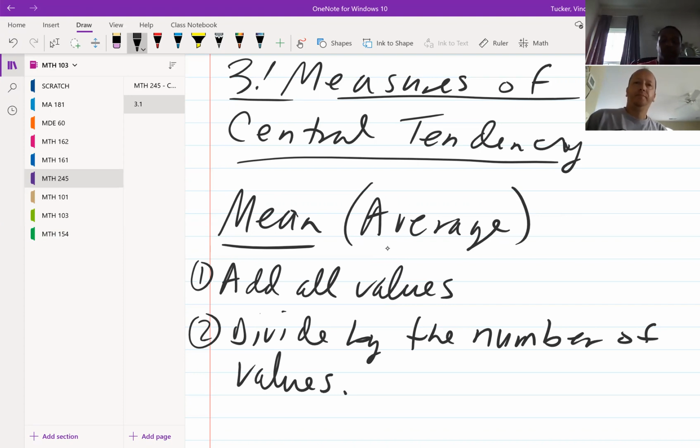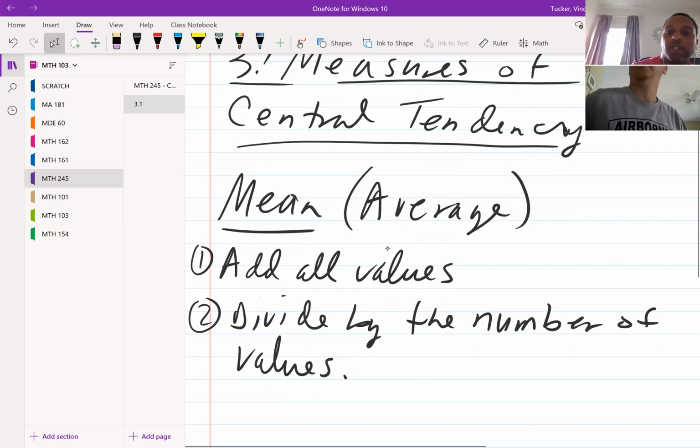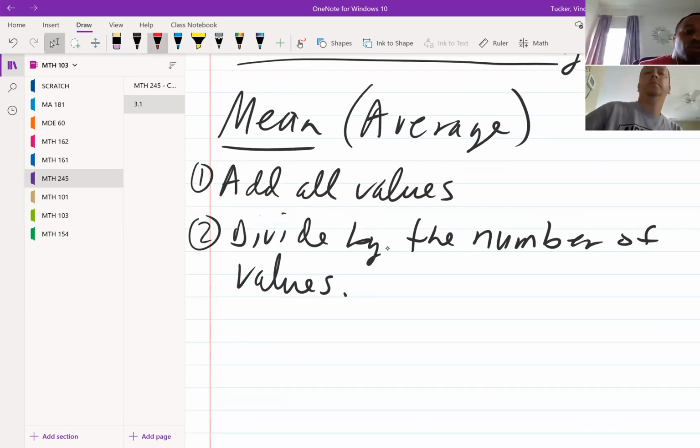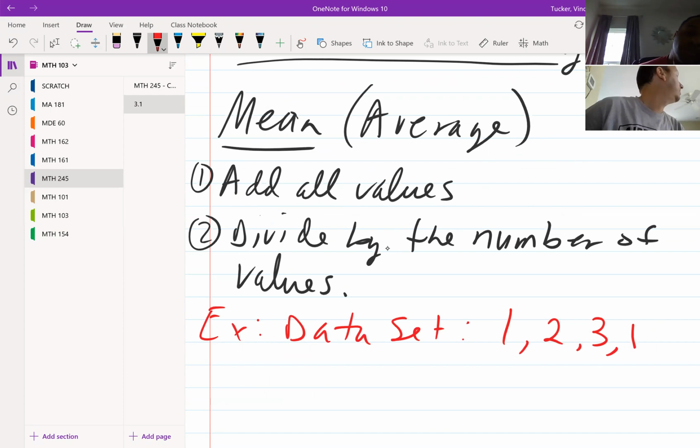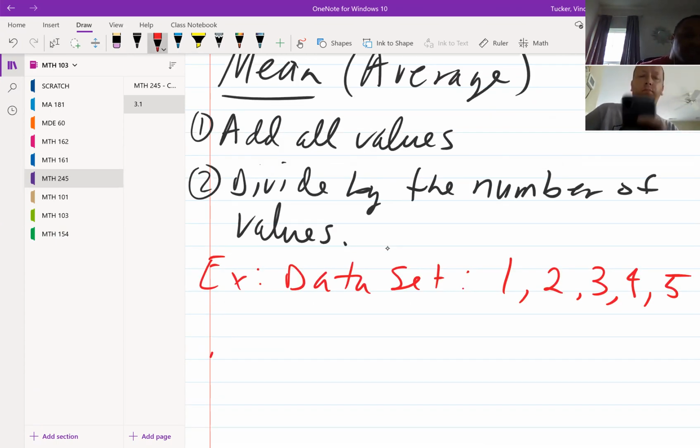And so the first thing you would do is add up all of your values, then you would divide by the number of values that you have. So let's do a mini example. We have the data set of 1, 2, 3, 4, 5, and we want to find the mean.